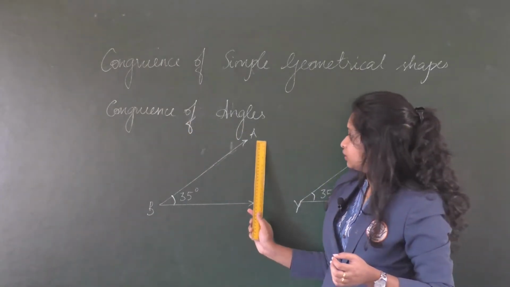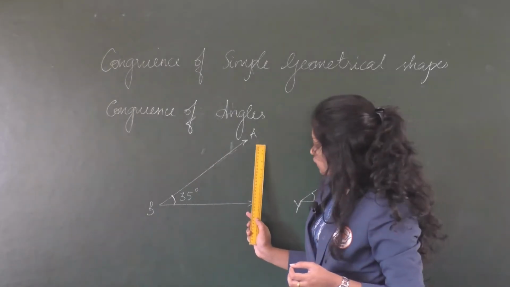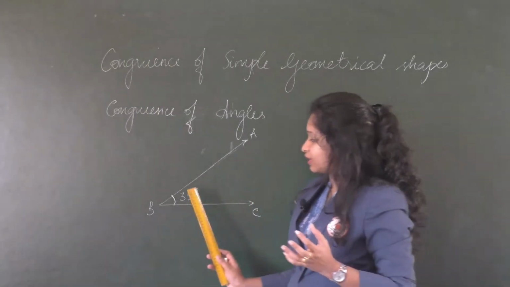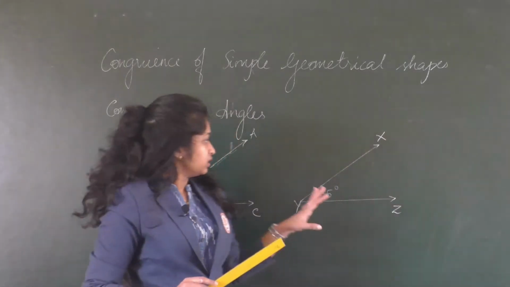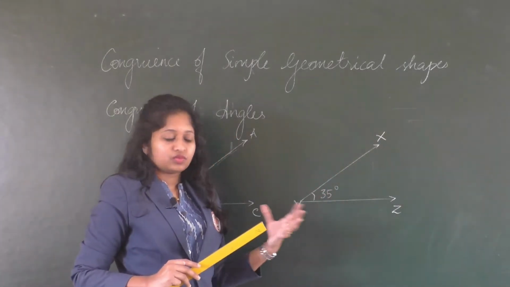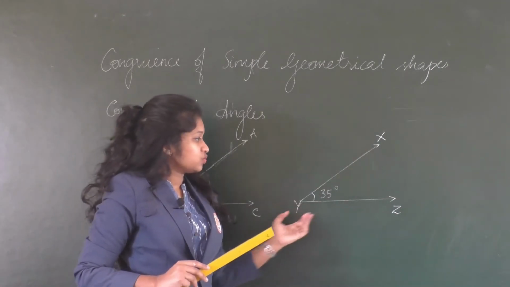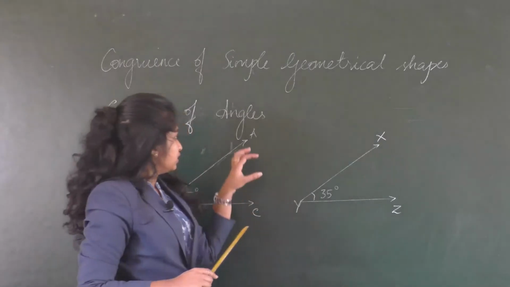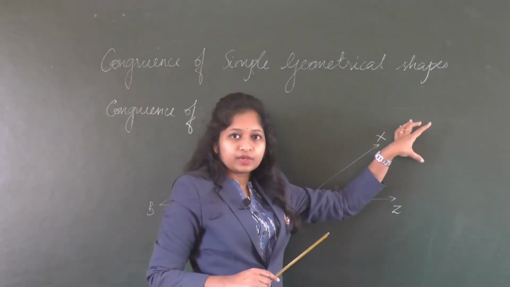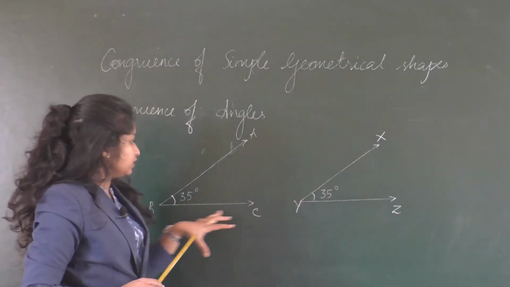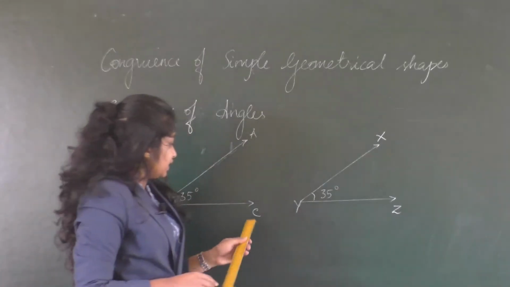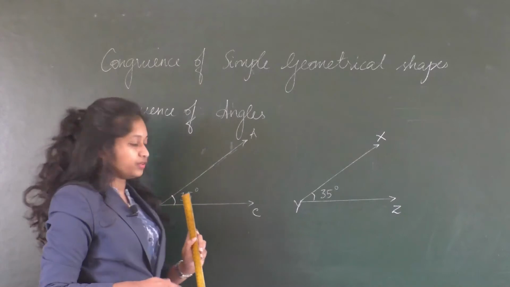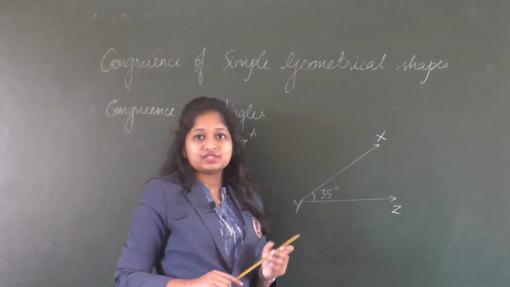Okay, here I have angle ABC. Okay, so exactly the same copy of this. Let's draw once again, which is XYZ, angle XYZ. That means A is same as X, B same as Y, and C same as Z. And the angle here is 35 degrees, and here also it is 35 degrees.